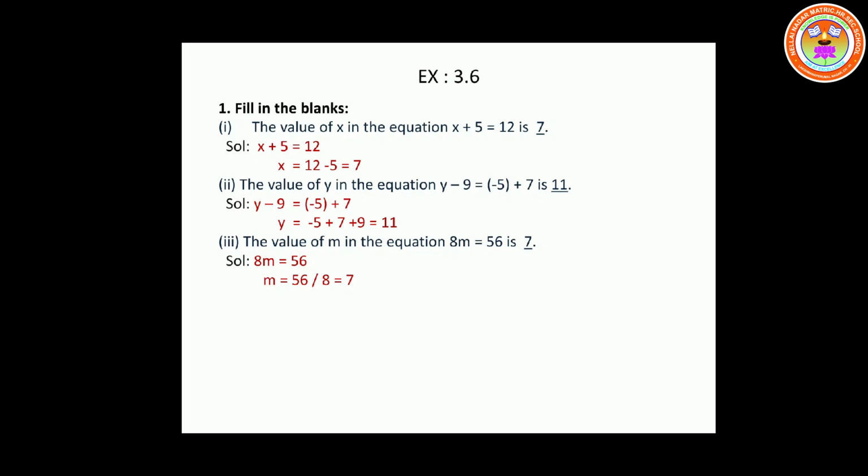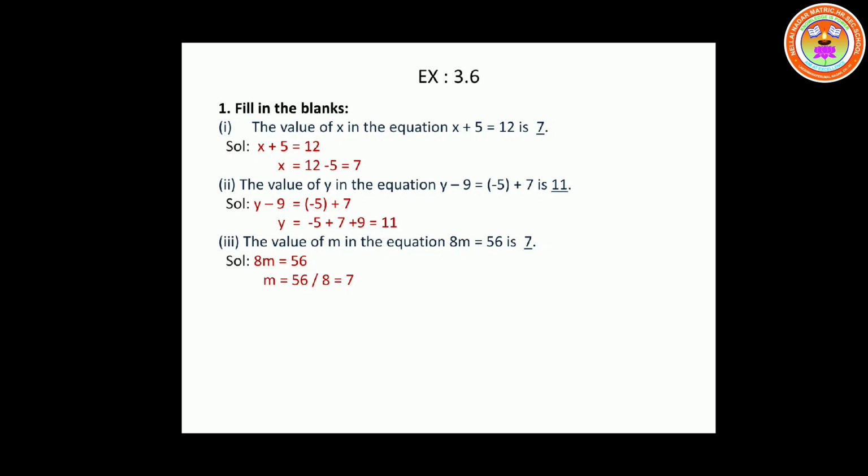Addition becomes subtraction, subtraction becomes addition. Yes. Similarly for multiplication and division, multiplication becomes division and division becomes multiplication when you are changing the numbers from one side to the other side, that is transposing.